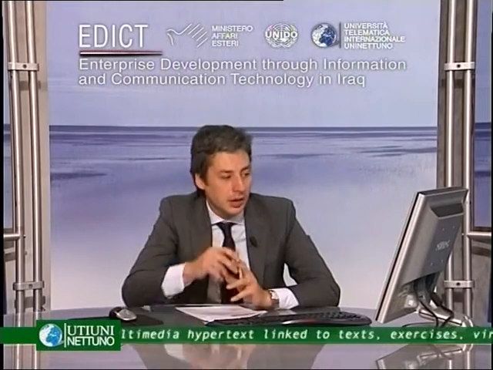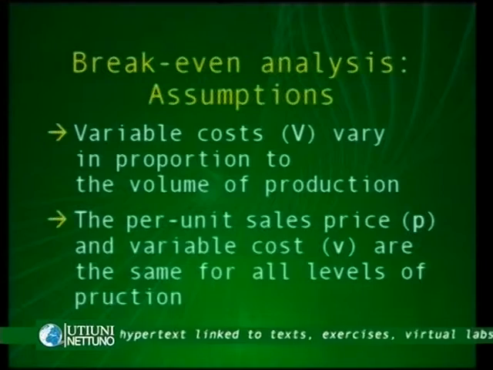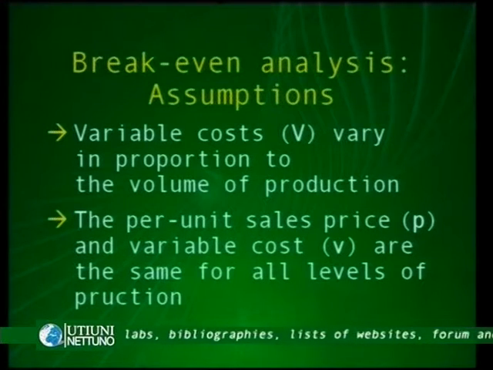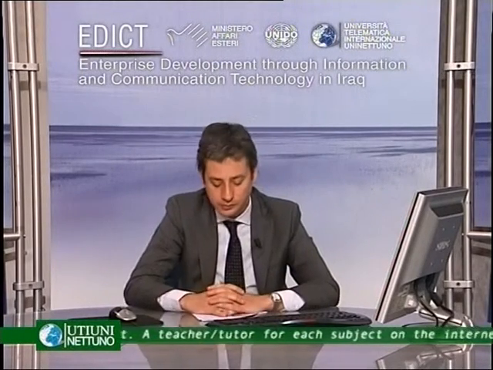Then the last important assumption is that the per unit sales price, which we define as small p, and the per unit variable cost, which we define as small v, are the same for all levels of production. So the relationships between quantity and revenues and between quantity and variable cost are constant independently of the volume of production.